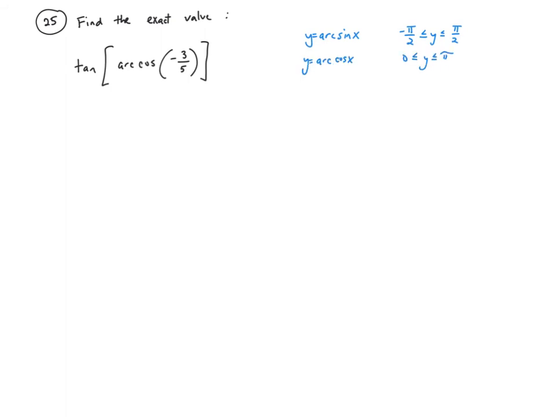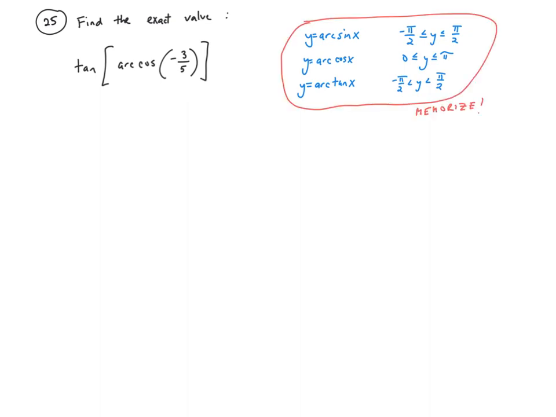If y equals arc cosine of x, then the range is 0 is less than or equal to y, and y is less than or equal to pi. If y equals arc tangent of x, then the range is negative pi over 2 is less than y, and y is less than pi over 2. We should memorize these. Okay, back to the problem.